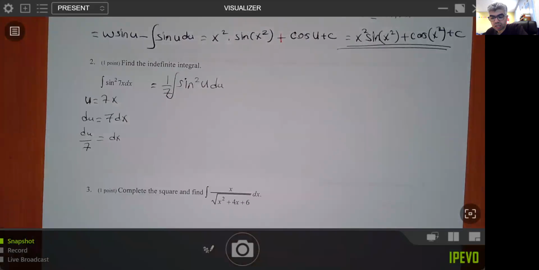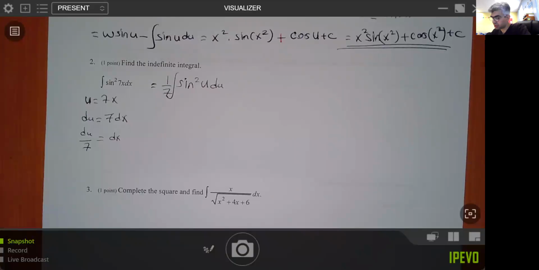Okay, so how do I solve this? Sine squared u du. When it is sine, it's fine, but when we have a power, we have to use some trigonometric formulas, as you remember, right? And what are those formulas here? Where we have sine squared u, we should have cosine or sine, whatever, but without any power, okay?